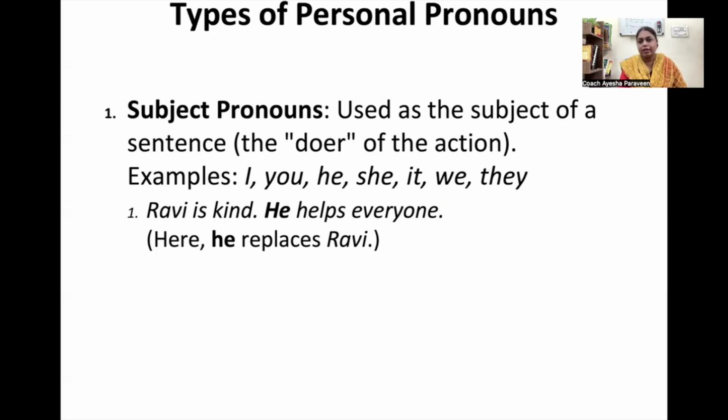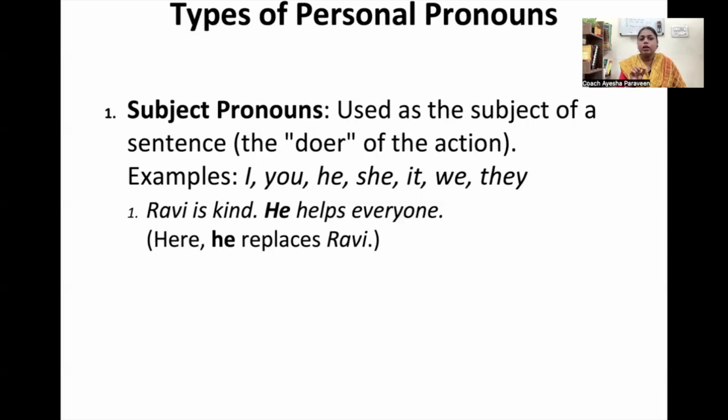Ravi is kind. So, we are talking about personal pronoun. As I told, personal pronoun is used for a specific person, specific place, specific thing, specific animal. So in this sentence we are talking about not any boy, we are talking about a particular person, that is Ravi. Ravi is kind. He helps everyone.